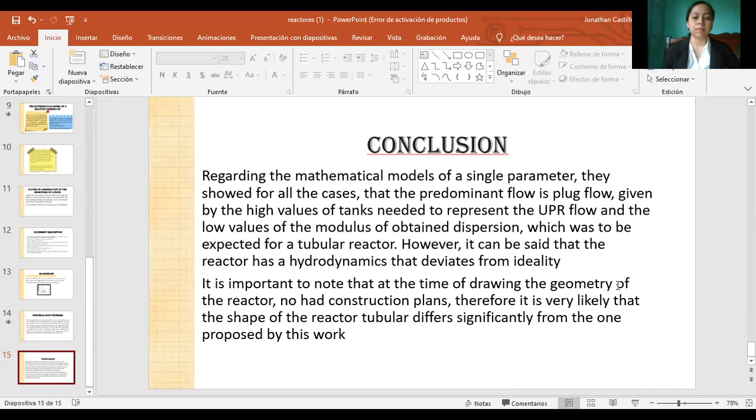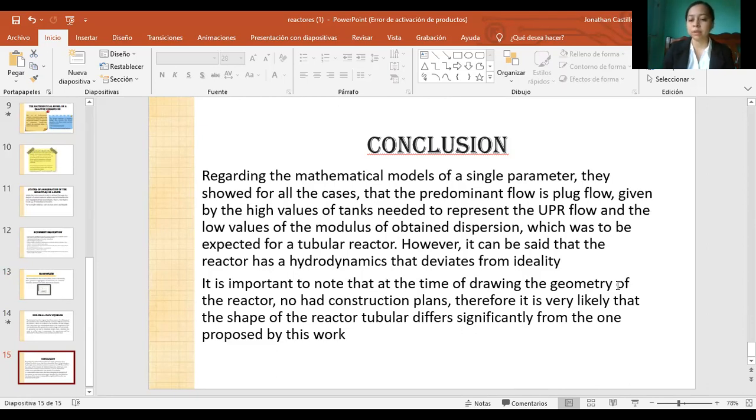Conclusion: the mathematical models of single parameters suggest that for our case the predominant flow is plug flow with dispersion, as was to be expected for a tubular reactor.